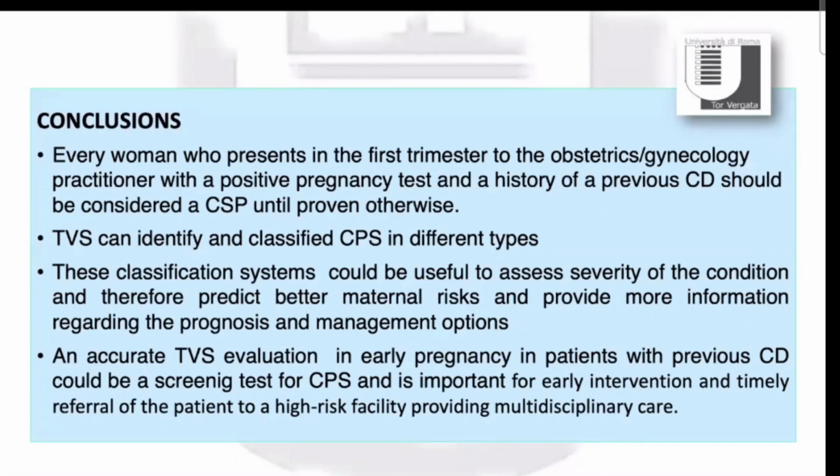So I will conclude that I think every woman who had a cesarean section can be considered at risk for a scar pregnancy, that transvaginal sonography can identify and classify this type of pregnancy, and these classifications are useful to assess the feasibility of the condition and also to predict some maternal risks and provide more information regarding prognosis and management.